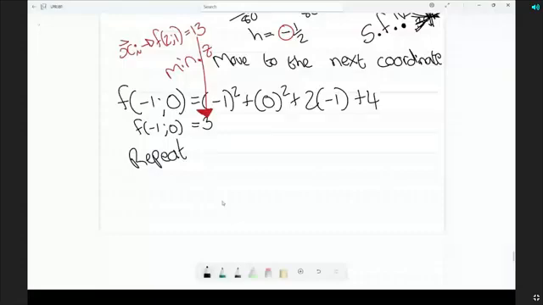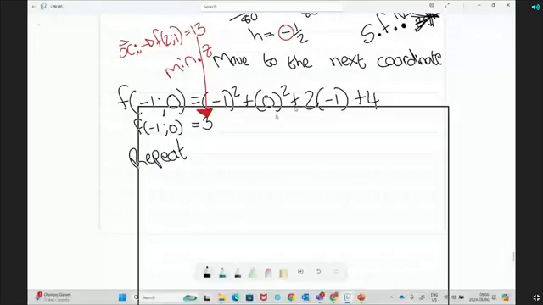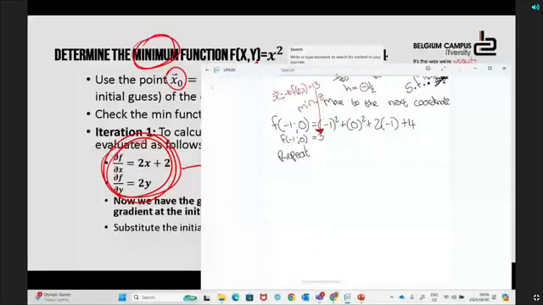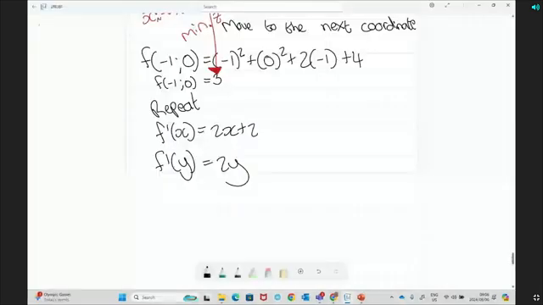So your first partial derivative in terms of x was 2x plus 2. Your first partial derivative in terms of y was 2y. What's our new coordinate? It is -1 and 0. So we now substitute this -1 and 0. To get our i value, we're looking at the first derivative in terms of x.